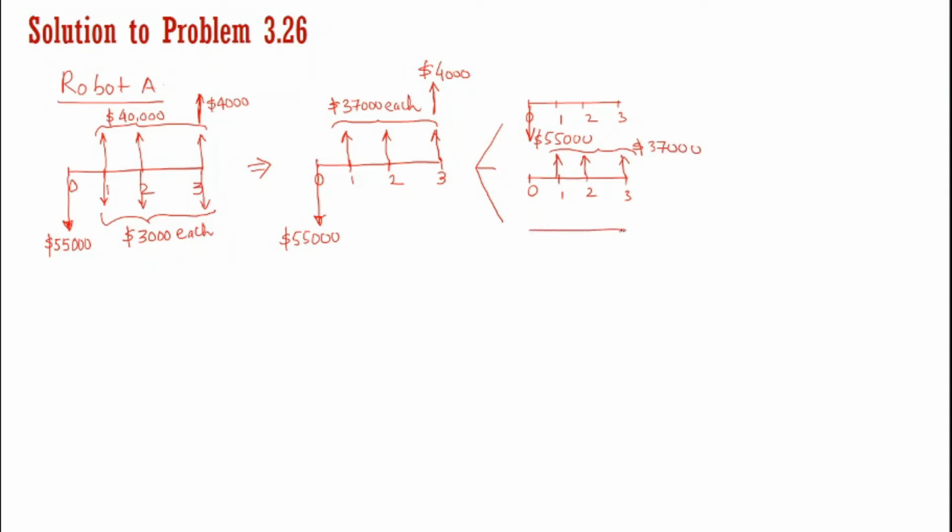And we have another series where we have a future inflow of $4,000. So these are the three standard series which one can visualize in this cash flow. This one is already at present, so there is no need of any conversion. So straight away, if I call this P1, I will write P1 as 55,000.